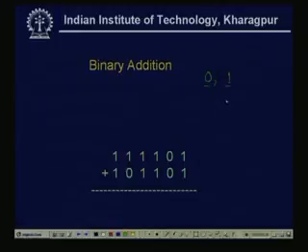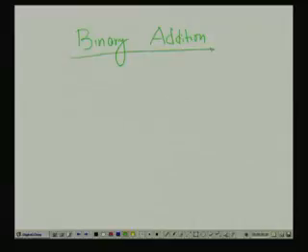As there are 2 values, in binary addition, say we have 2 values 0 and 1. So, what are the different additions of digits?